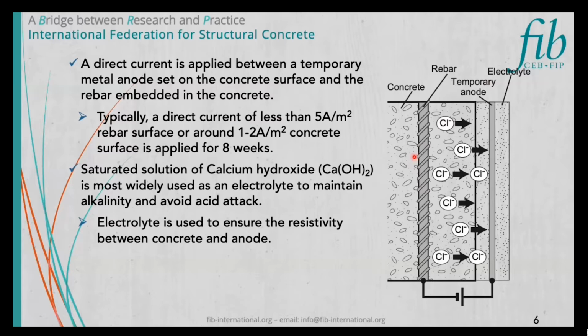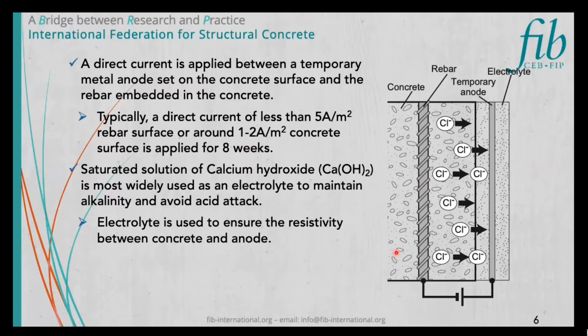Typically, a direct current of less than 5 amperes per square meter of rebar surface, or 1 to 2 amperes per square meter of concrete surface, is applied for 8 weeks. That is longer than realkalisation.